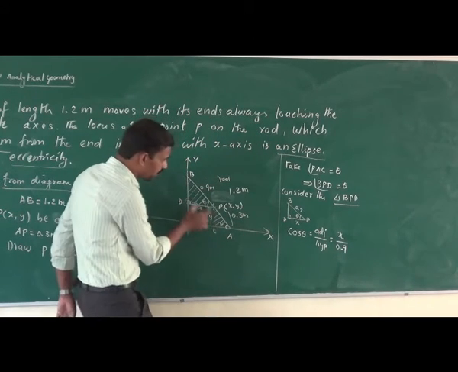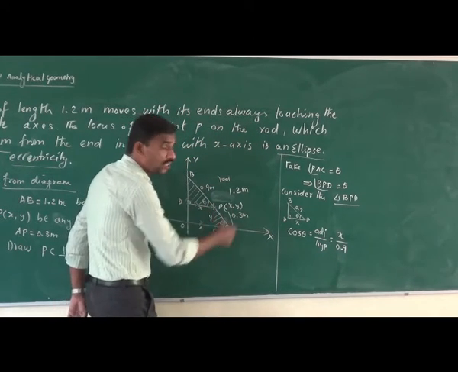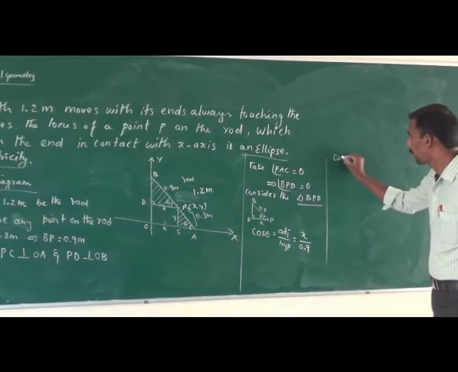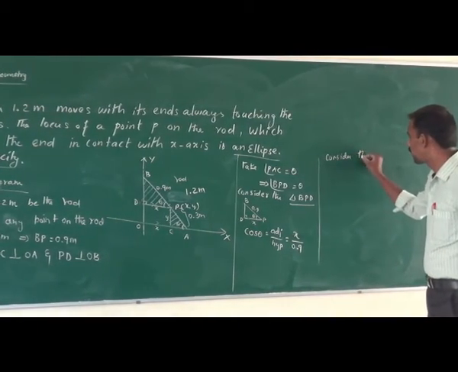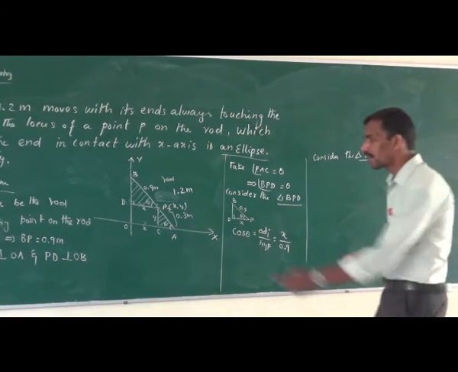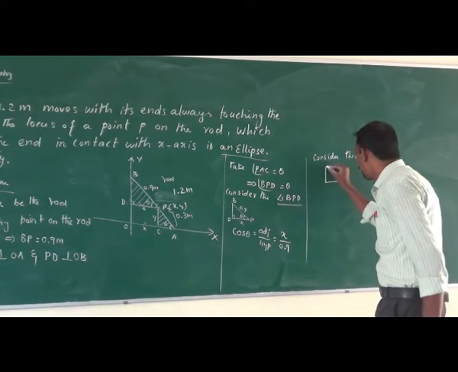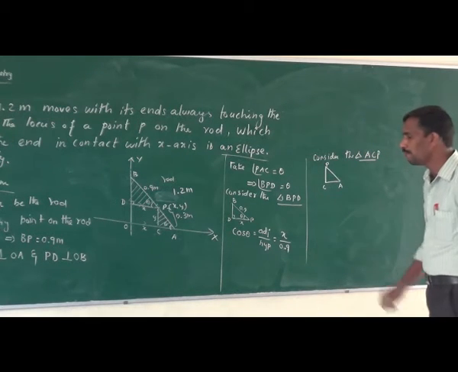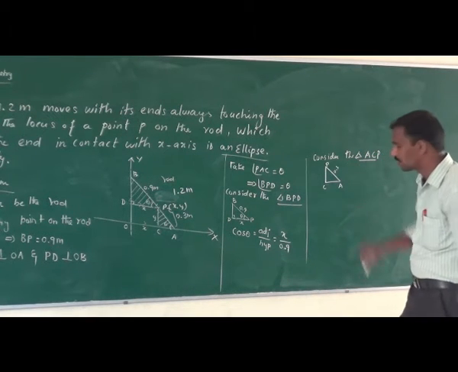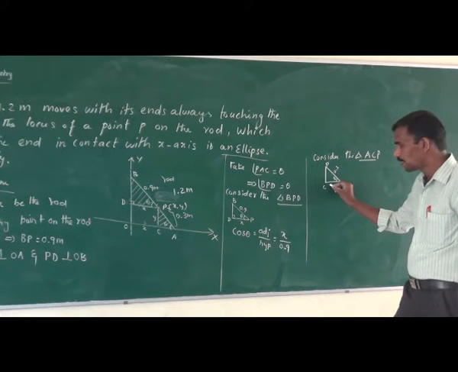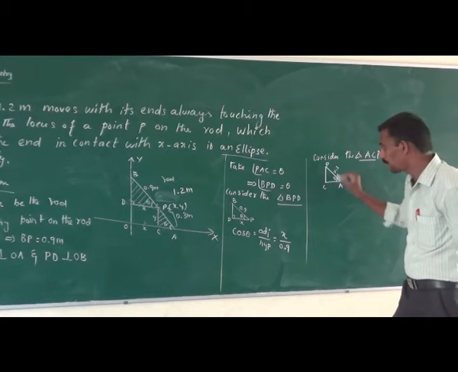Okay. Next, consider another triangle, ACP. Right? I draw it here again. This point is A, this point is C, this is P. The hypotenuse distance is 0.3. This is the angle theta, so this is the opposite side, this is the adjacent side, and this is the hypotenuse.